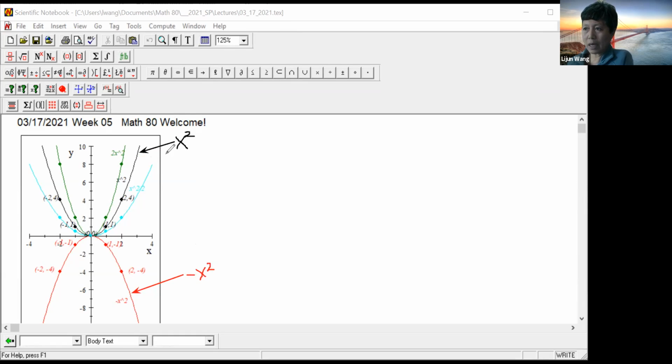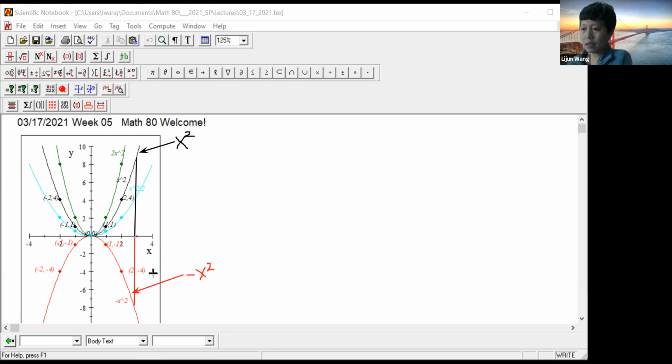So all the outputs that were positive before, every point on the x squared, now when we look at negative x squared, it becomes its opposite.